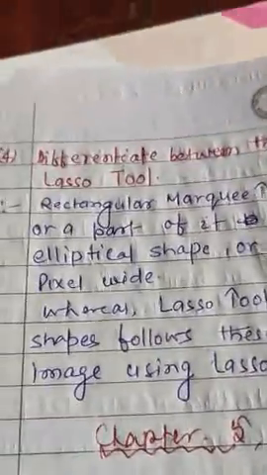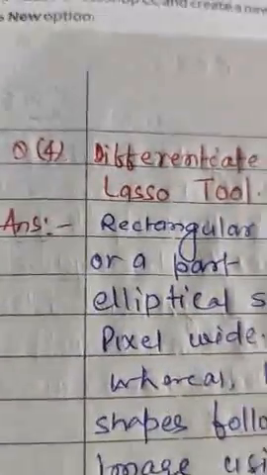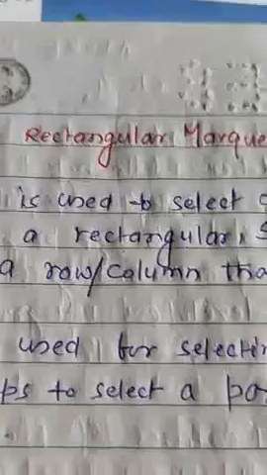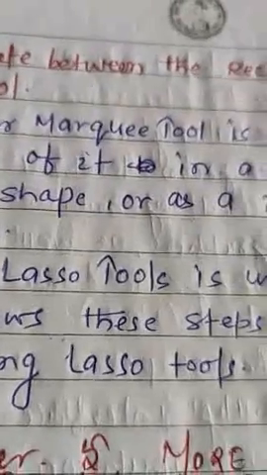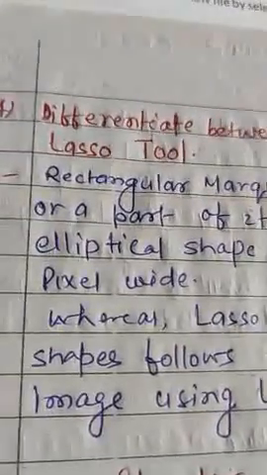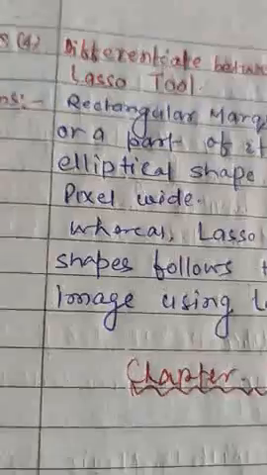Question number 4. Differentiate between the rectangular marquee and lasso tools. The rectangular marquee tool is used to select an image or a part of it in a rectangular, square, or elliptical shape, or as a row or column that is 1 pixel wide.